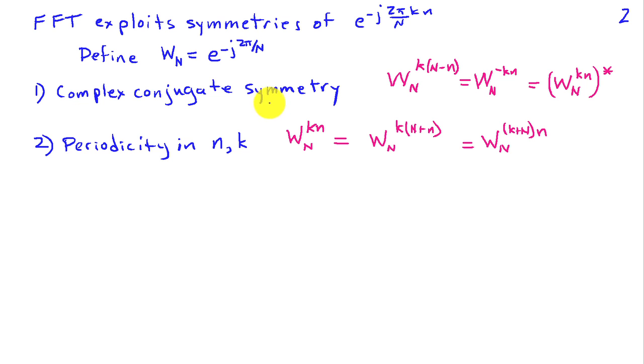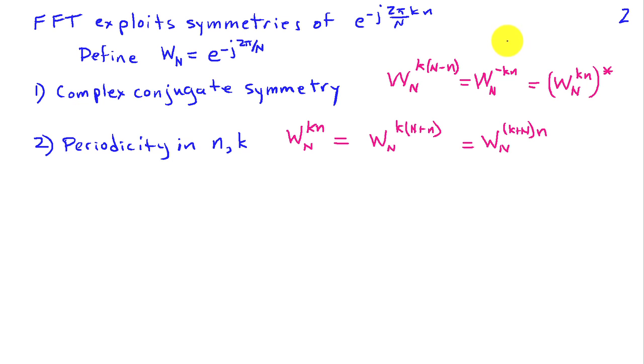We have the complex conjugate symmetry, which says that if I look at time capital N minus n, W sub N to the k times (N minus n) is actually the same as W sub N to the minus kn power, and that's the same as W sub N to the plus kn, conjugated.